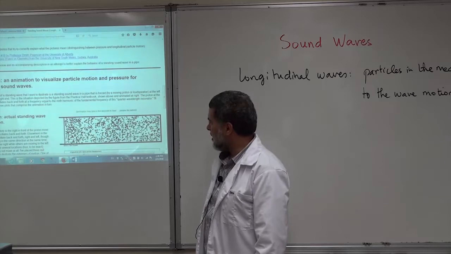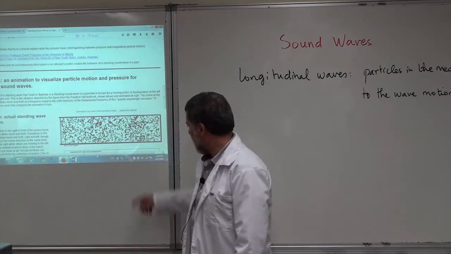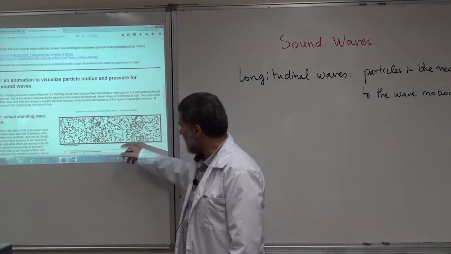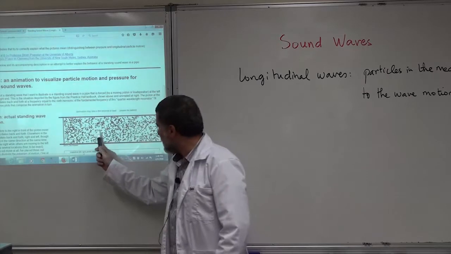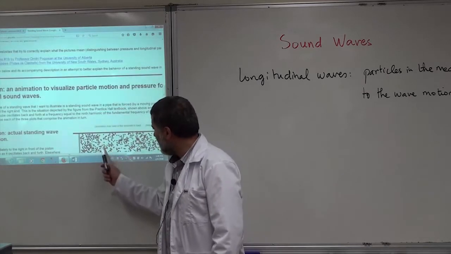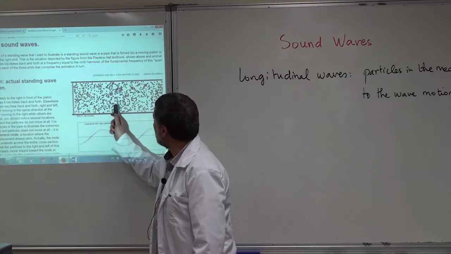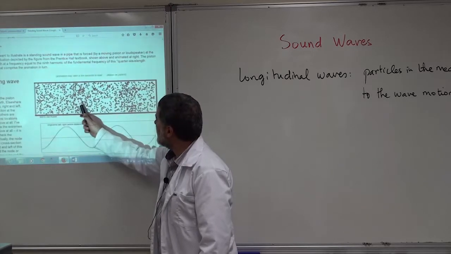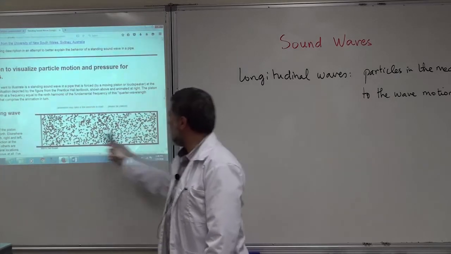And the particles are oscillating back and forth. If you look at this red particle here, it's oscillating back and forth, going left and right, and the wave is going from left to right.